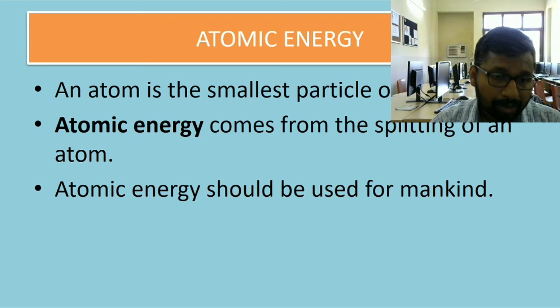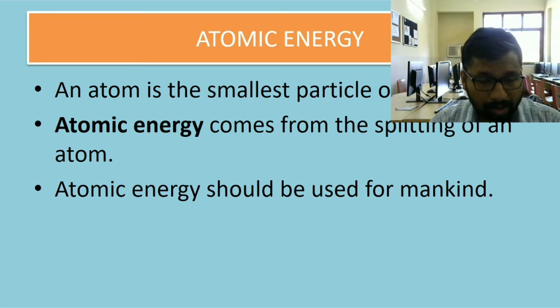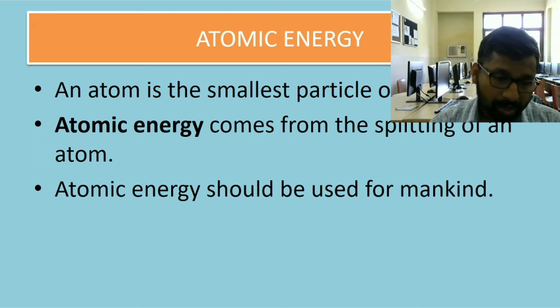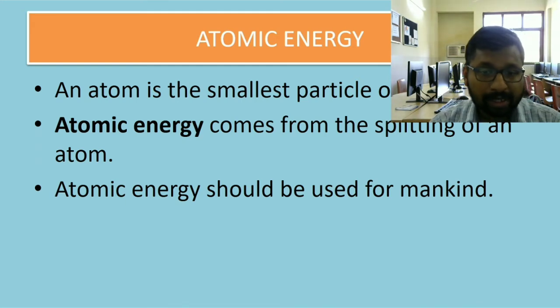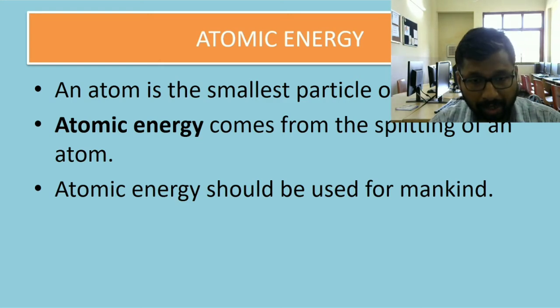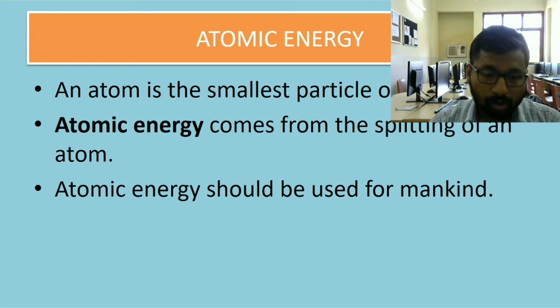Japan had bombed Pearl Harbor, the port area of America, and to seek revenge, to teach them a lesson, they dropped atomic bombs. But they caused a great devastation, and it had so much effect that no country ever thought about doing such a thing again. So atomic energy is very useful, if we use it for a good purpose.